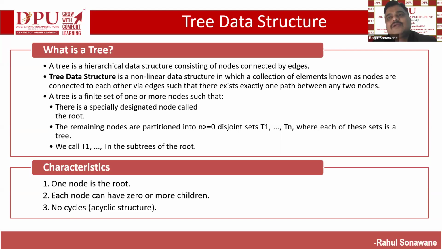A tree is nothing but a nonlinear data structure, first of all. It is used to represent hierarchy. Like we have a hierarchy in our offices, in our colleges, or any government, non-government, or another organization.